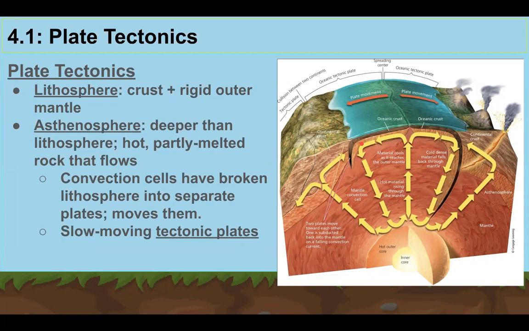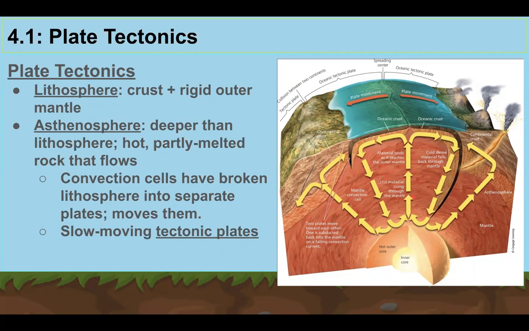And it is composed of partially melted rock, so it is a fluid, and as a result of it being a fluid, it has the ability to flow or move. And the movement of the asthenosphere is going to carry the lithosphere plates right on top of it. You can think of it almost like surfboards on water.